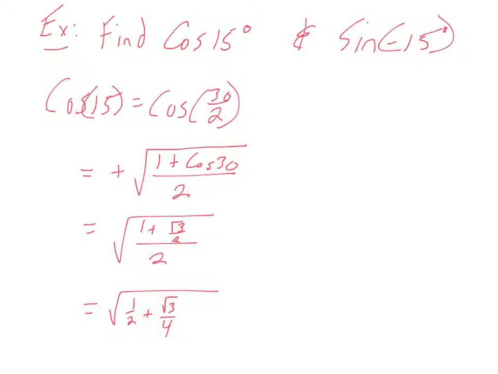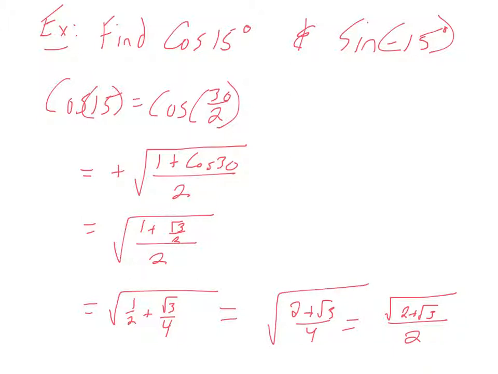And at that point, we can go ahead and combine it into 1. 1/2 is 2/4, right? So we'll get the square root of 2 plus square root of 3 over 4, which just gives us square root of 2 plus square root of 3 over 2. So we have a square root inside of a square root, which is never ideal, but there's not really anything you can do about that.